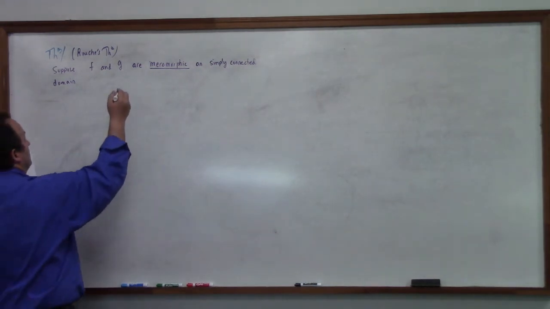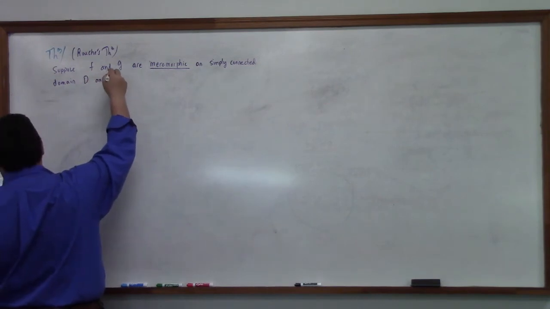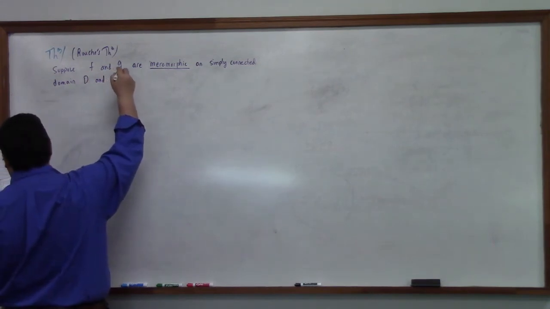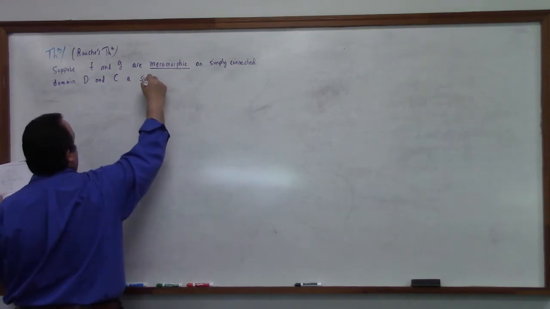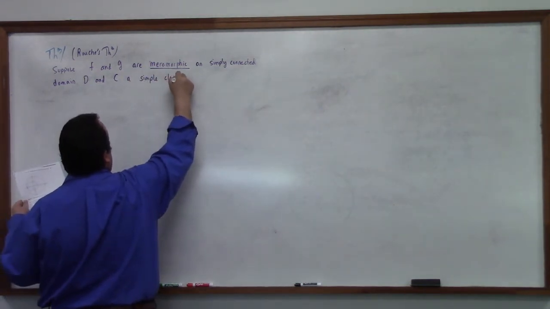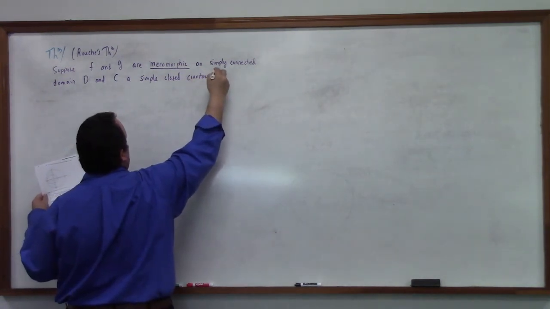And we're going to let C be a simple closed contour in D. What's that mean? What does it mean to be a closed contour?